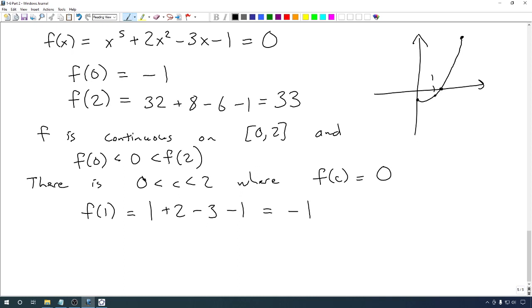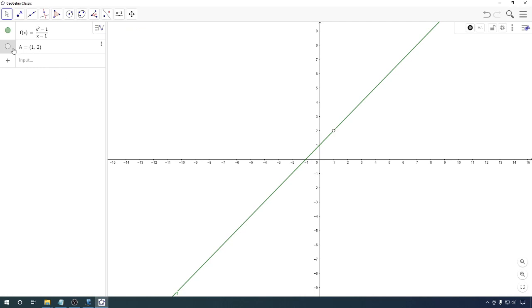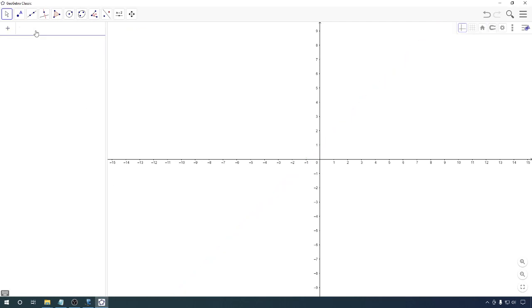Now, if we're really curious about the full behavior of this polynomial, we do live in a more modern age, so we can go ahead and graph it. Let's get rid of those. So we have x to the 5th plus 2x squared minus 3x minus 1. This is the actual graph of that 5th degree polynomial.